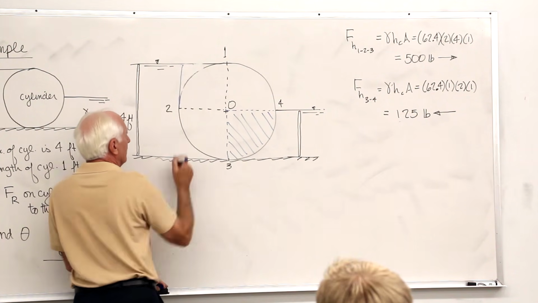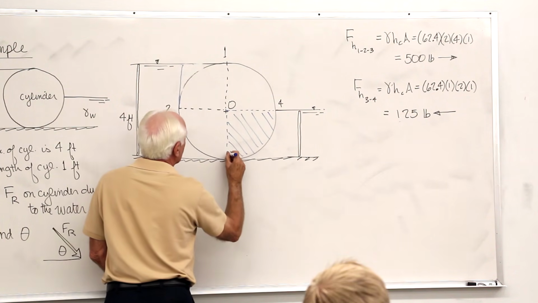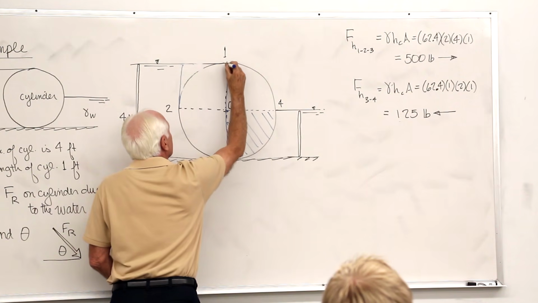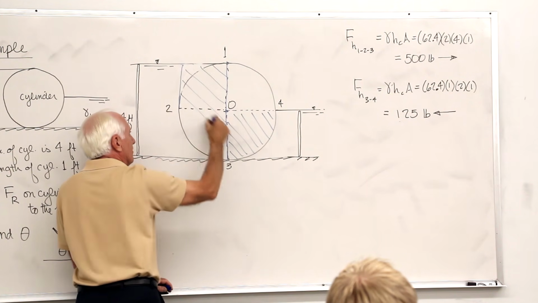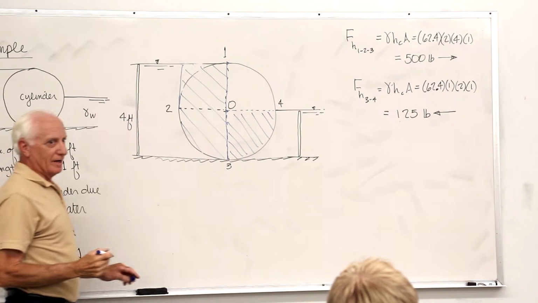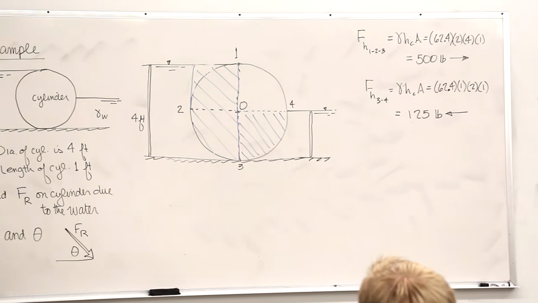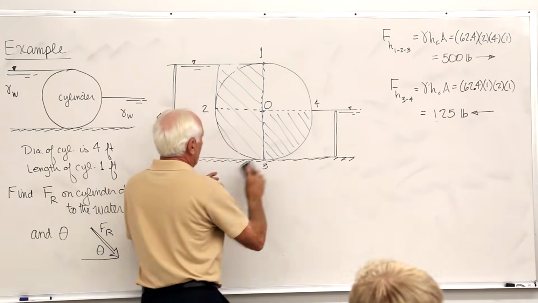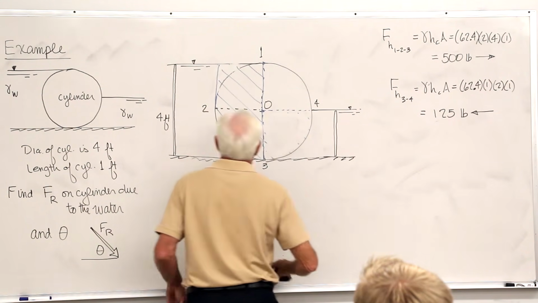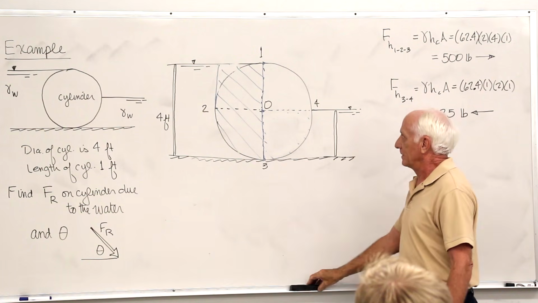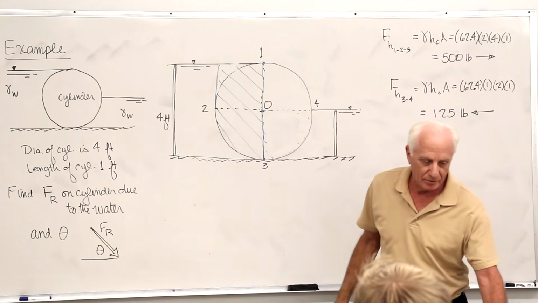It's real. Point 3, go up to the free surface. It's real. That's the area. There's your area times 1, which is the volume. What is it? It's a square plus a quarter circle. Okay.